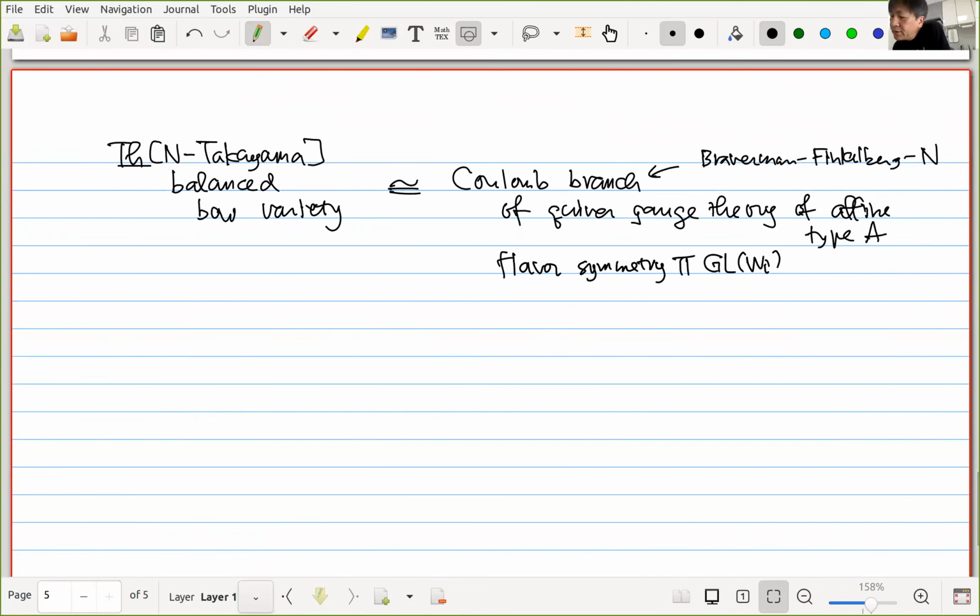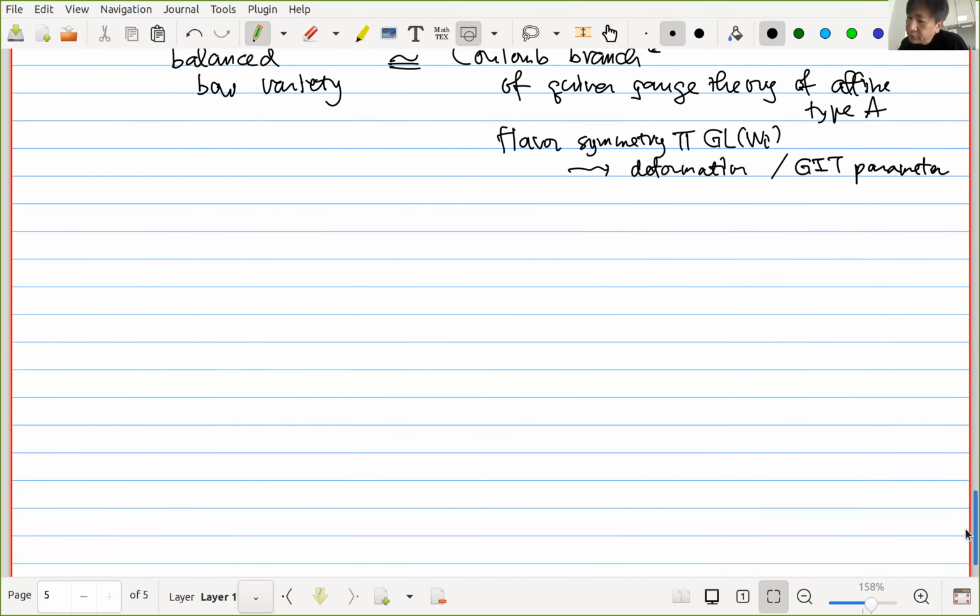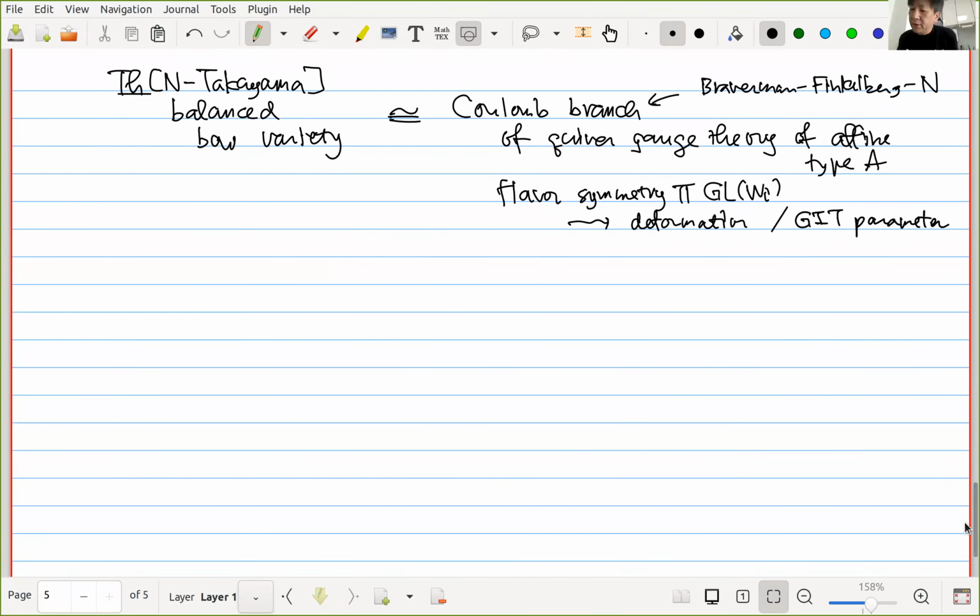And once you have such structures, this gives us deformation and GIT parameters. Yeah, maybe I should record the general expectation between Higgs and Coulomb branches.